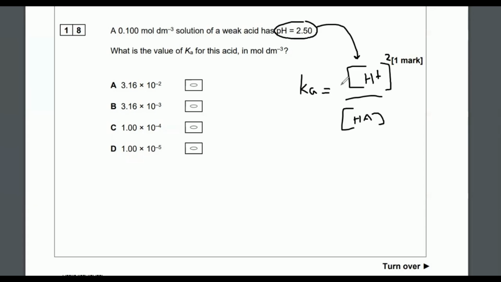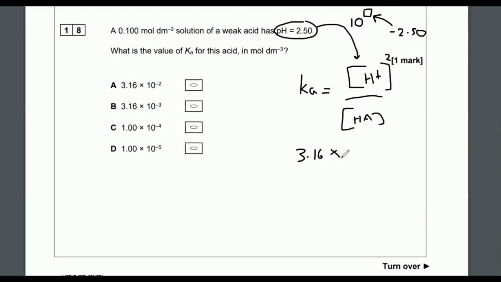On your calculator, depending on what mode it's in, you should just press Shift Log. You'll get a little box appear, and into that you want to put minus the pH, so minus 2.50, and that will give you the hydrogen ion concentration.